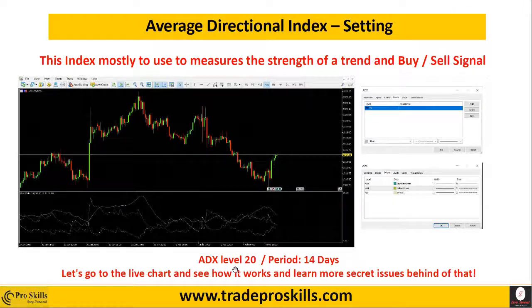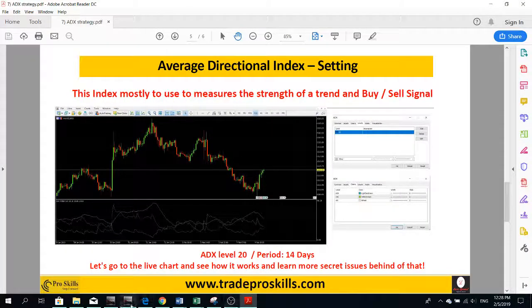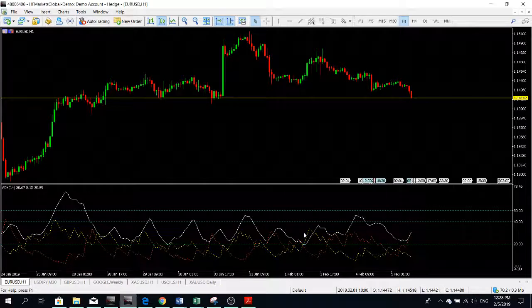Try to use a period of 14 and a minimum level of 20. You can add three levels, and I will show you how to add them and what each one means. Try to use this standard setting as long as you don't have any special plan or idea.